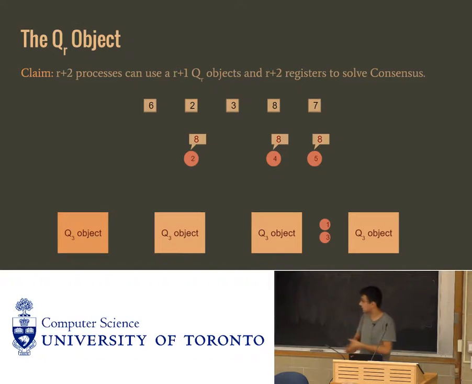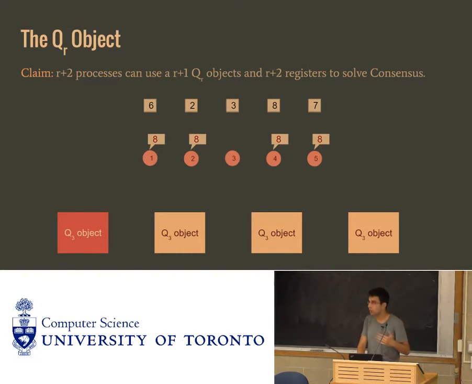And the remaining two processes will look at the last Q3 object. Similarly, process 1, which won that last one, will query the first Q3 object. Note that we've now exhausted the first Q3 object in queries. And process 1 can read the 8 in the register and decide that value. What does the last process do?